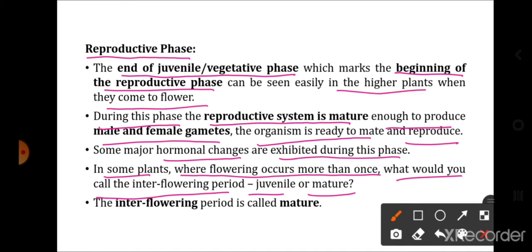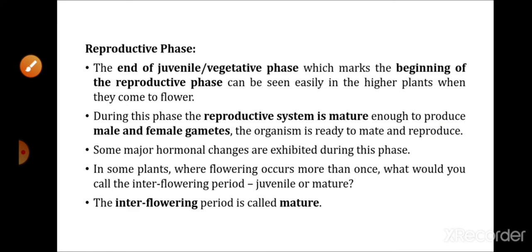The answer is that the interflowering period is called mature, because the plant has already started the production of flowers. Clear? Inter means between. So, between the flowering periods, that is the mature period in plants.